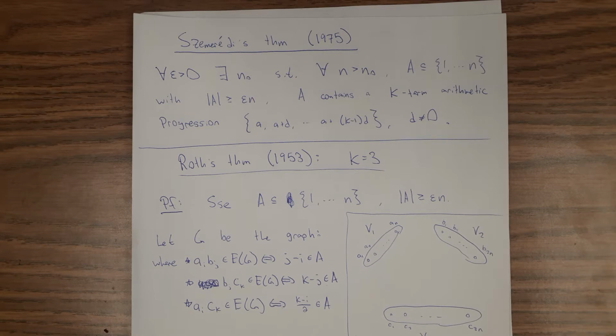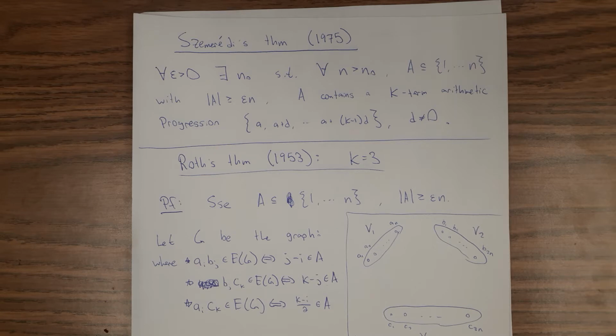Turán's theorem answers the question of how many edges a graph can have if it has n vertices and doesn't contain a clique of size r. And you could ask, why are we looking for cliques of size r? I don't know, just because it's a nice, simple substructure that we could look for.